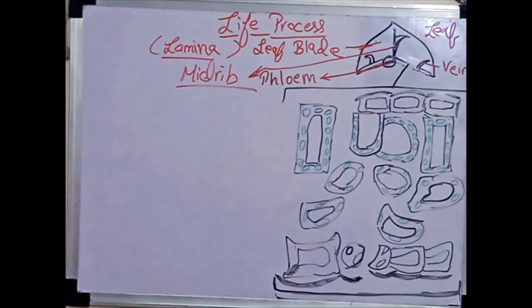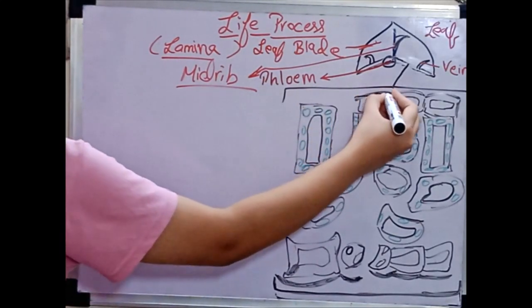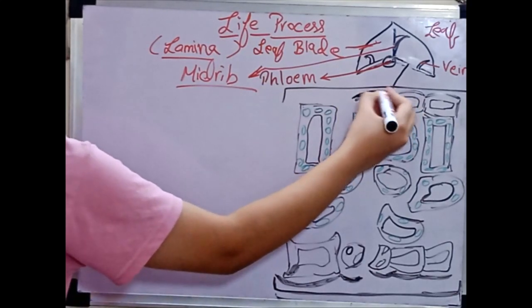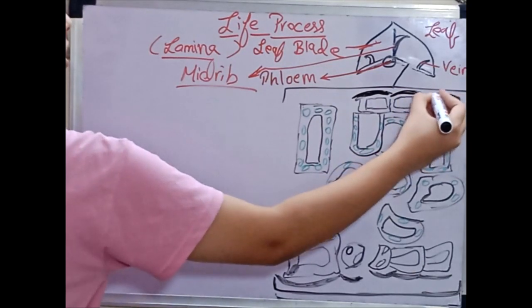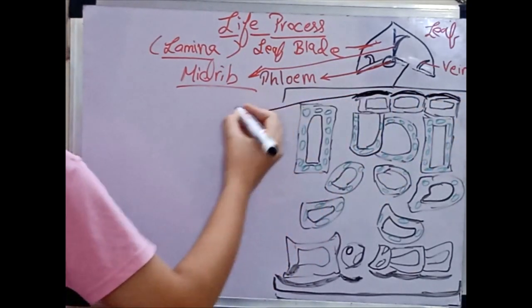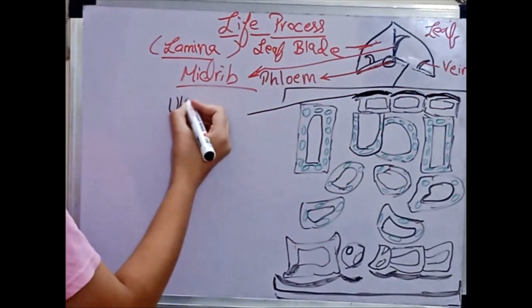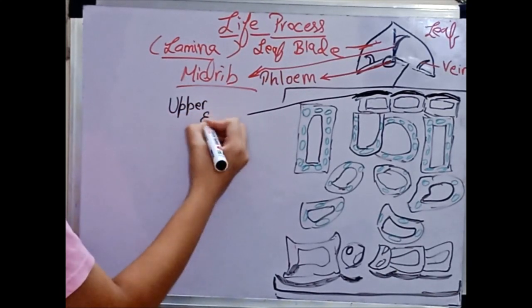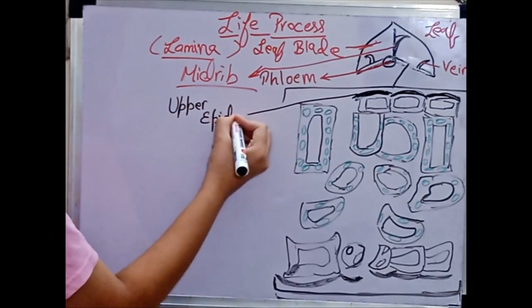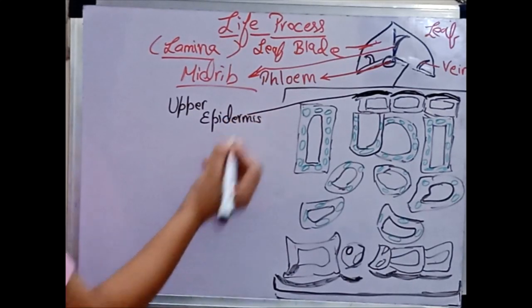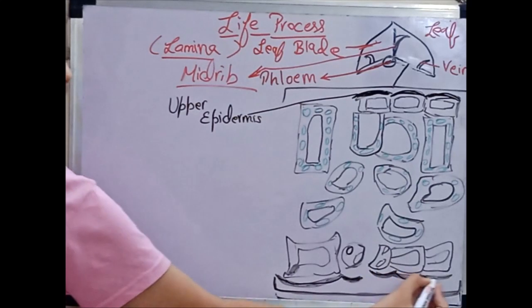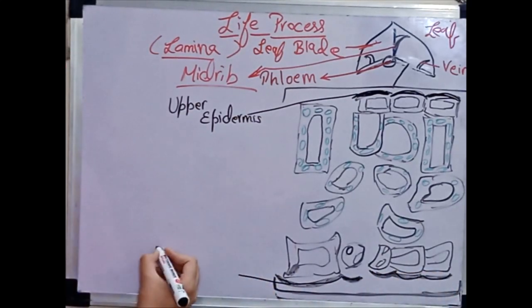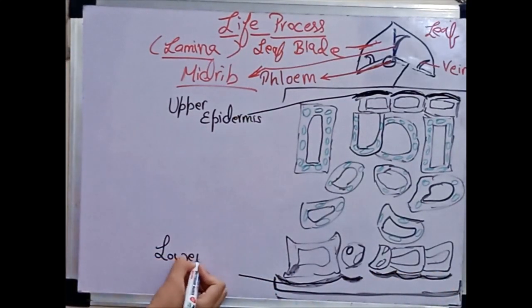So without wasting time, first is your epidermis. This is your epidermis. I have made it darker so you can see it. Upper epidermis you will write, because we have epidermis at the lower side as well. This, 1, 2, 3, is your lower epidermis.